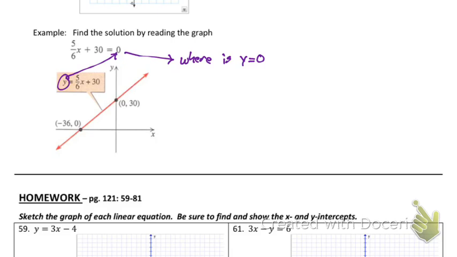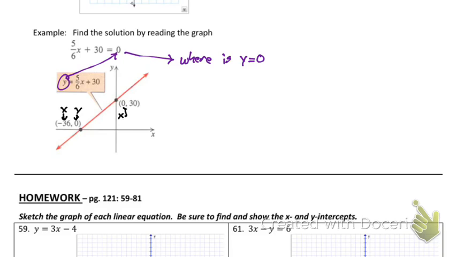I'm asking, where is y 0? Your y value is your first or your second value. So if you pick 0, 30, you're actually figuring out where y equals 30. That isn't what I'm asking. I'm asking for where is y equal to 0. So if we look at our 2 points, we have x, y here.